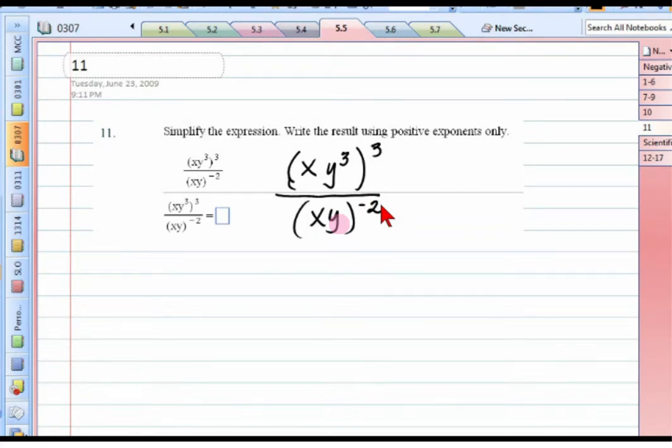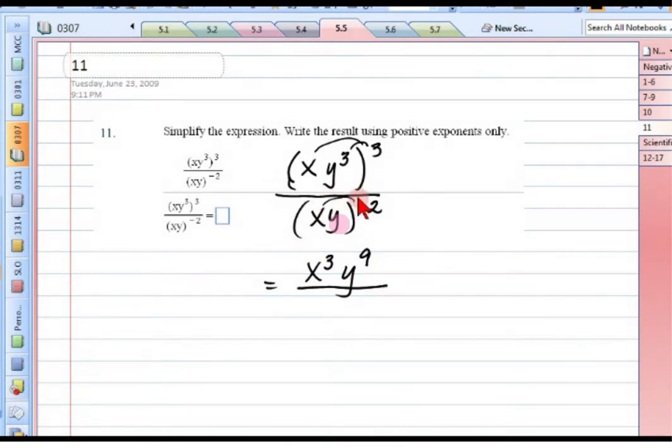What's the first rule you check to see if you can use? Power, and I can use it. So when I use the power rule, this 3 affects both of the exponents here. So what am I going to get? X to the third, y to the 9th, multiplying those exponents.